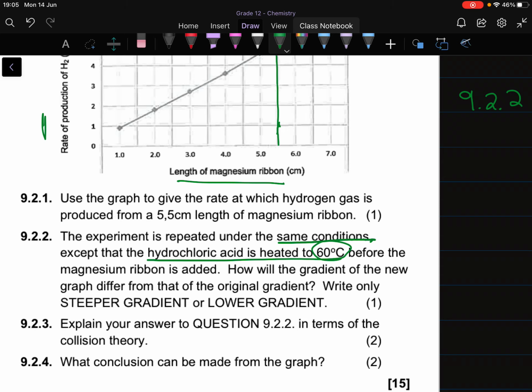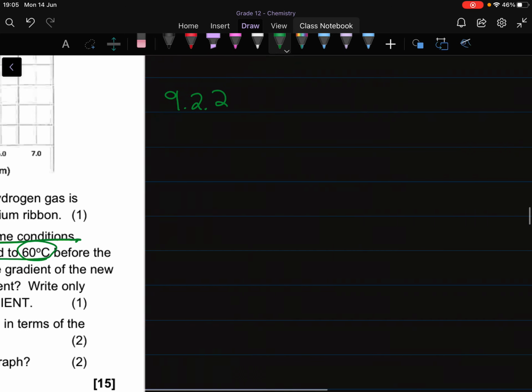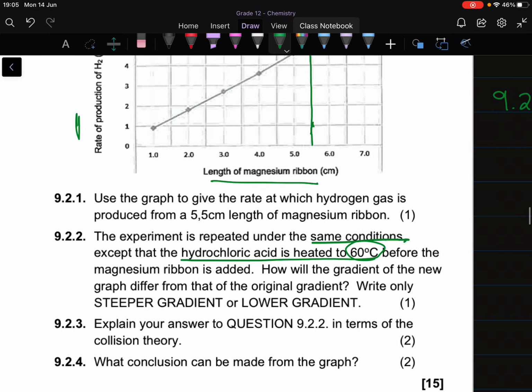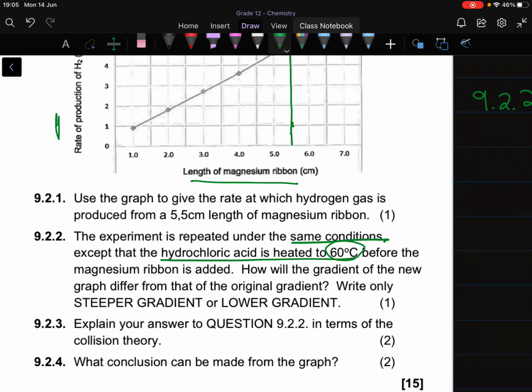If the reaction goes faster, then it must go at a steeper rate. So for 9.2.2, it's going to be a steeper gradient. They only wanted steeper, but that's okay. Then they said, explain your answer to question 9.2.2 in terms of the collision theory.